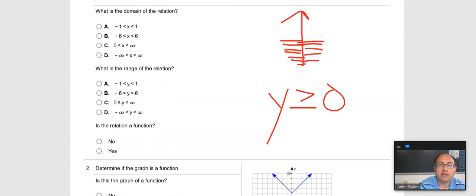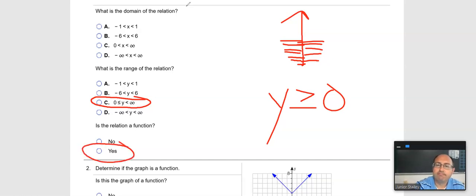If I take a look at this over here, I'm going to see that letter C is the one we're talking about, because it says everything bigger than 0 and it keeps going up to infinity. So that's the one you're looking for. Sorry for yawning. Okay, is the relation a function? We already determined that yes, it was.